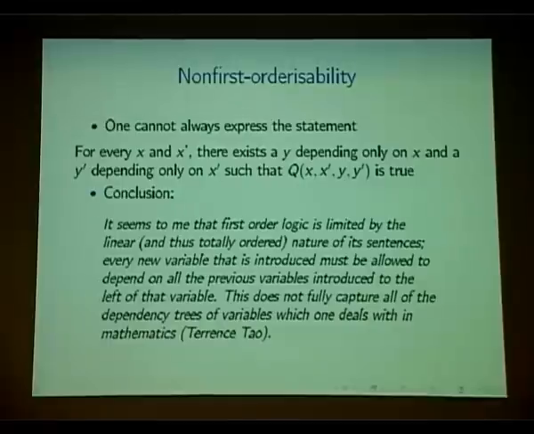Tao expressed this by saying that it seems to him that first-order logic is limited by the linear and thus totally ordered nature of its sentences. Every new variable which is introduced must be allowed to depend on all the previous variables introduced to the left of that variable.